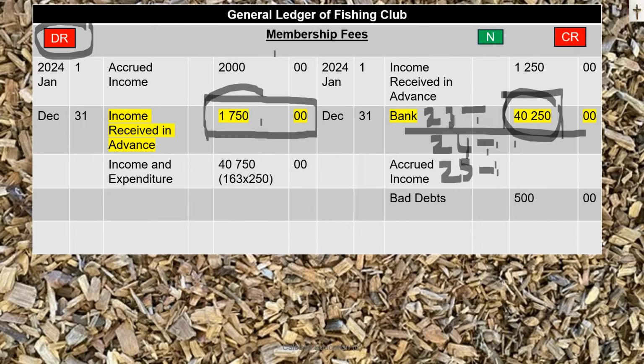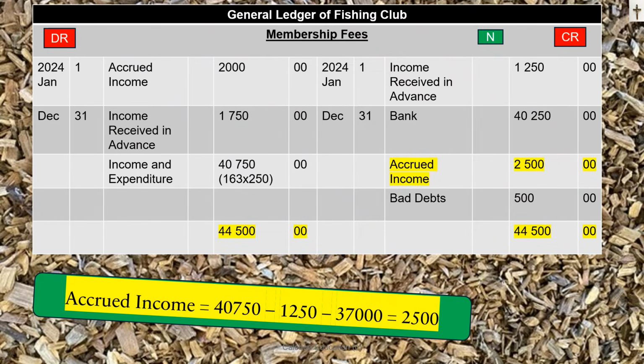Then we do an adjustment if it was received in advance. And we've already done that one. 40,750, it was the number of members times the membership fees. Now what we're left with here is this number to figure out.